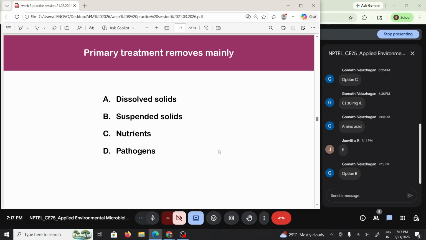Again, a repetitive question. Primary treatment removes which of the following? You just have to be careful with the terms that you deal with.